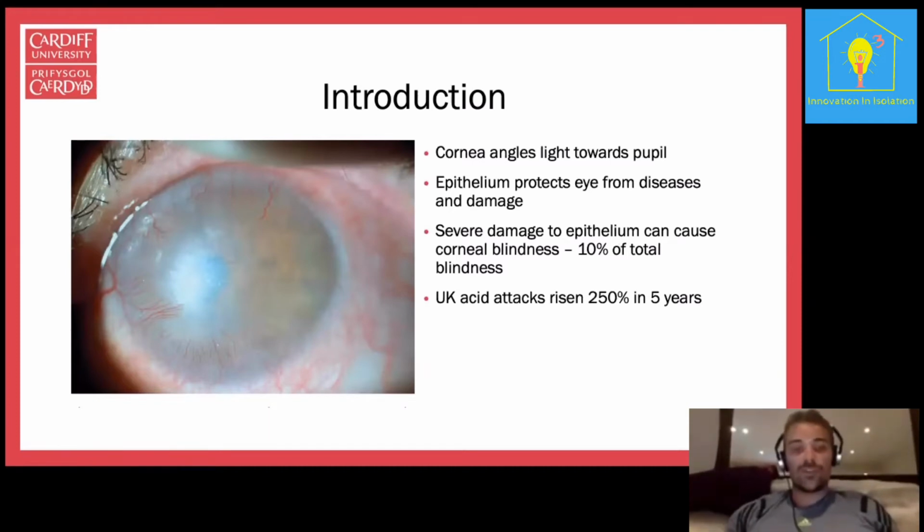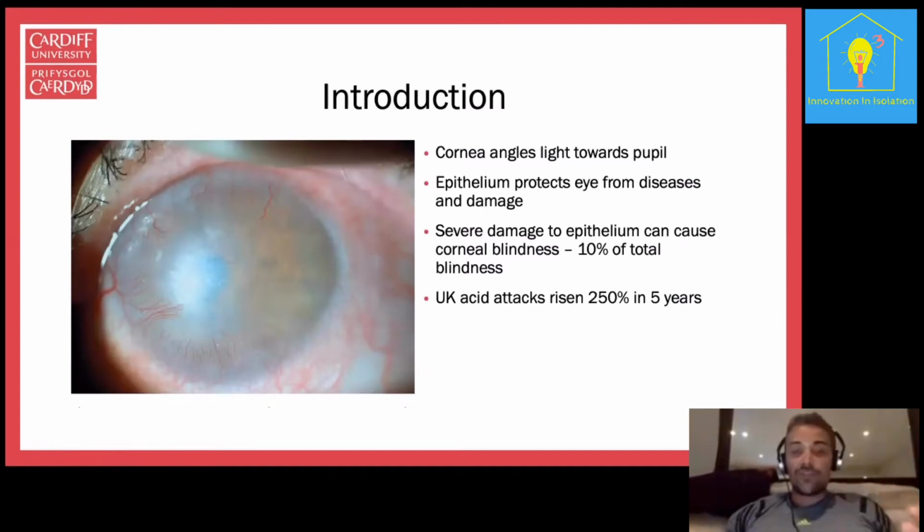This is usually where you get severe damage to your stem cells, and there are different things that cause this. Interestingly, one injury that can cause this is the acid attack. In the UK, acid attacks have risen 250% in the last 5 years, which is a very worrying statistic.